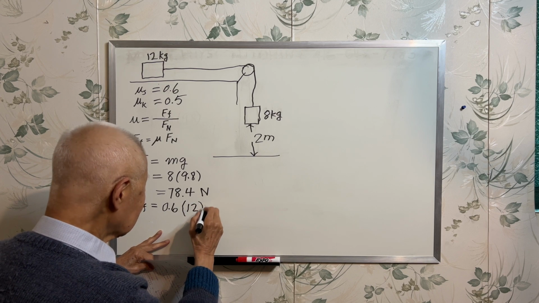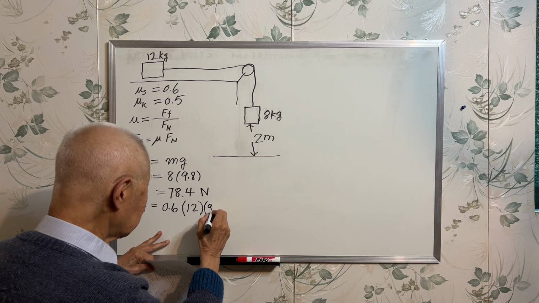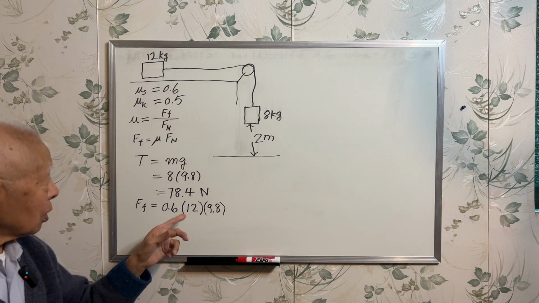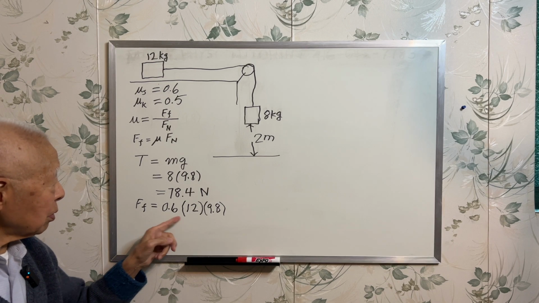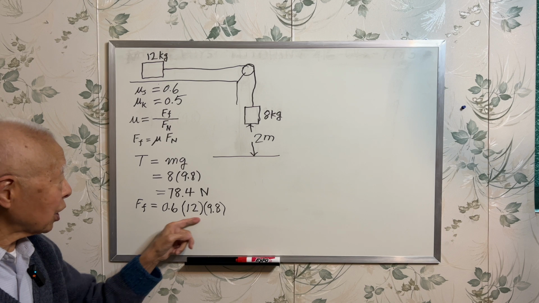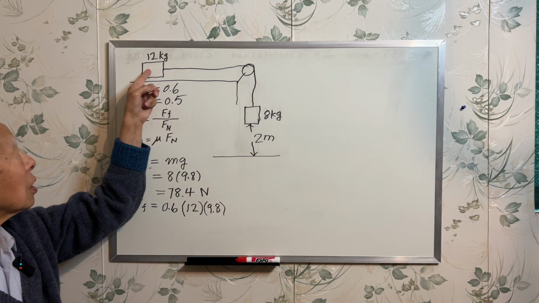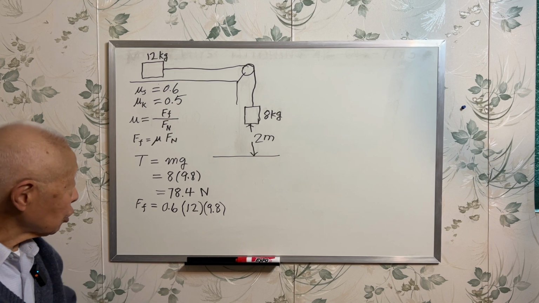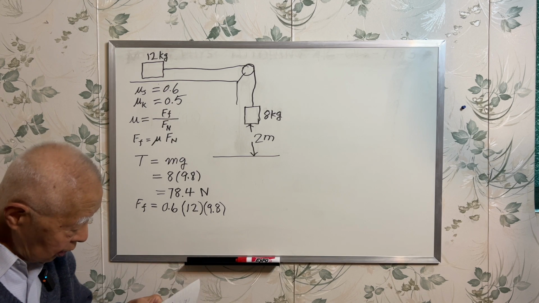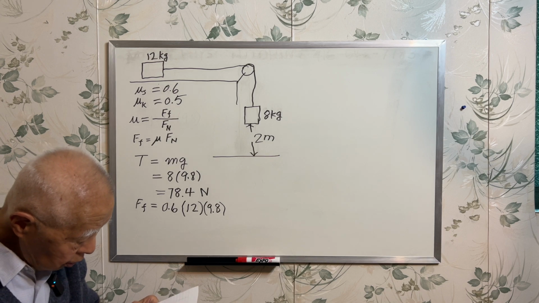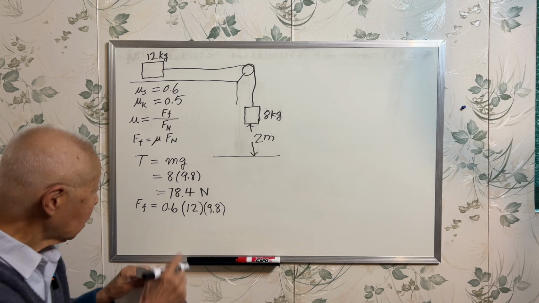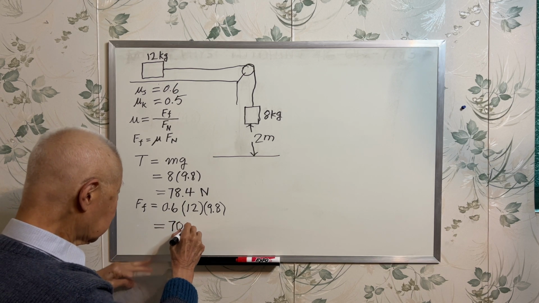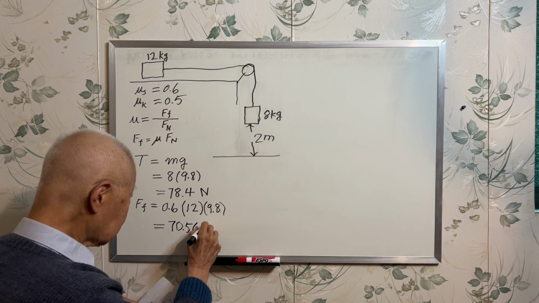So it's mass times g. g is again 9.8. So the coefficient of friction times the force of gravity of this mass, which is mg. So this force, I worked it out, is 70.56 Newton.